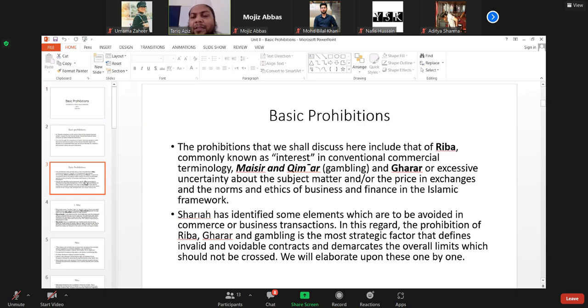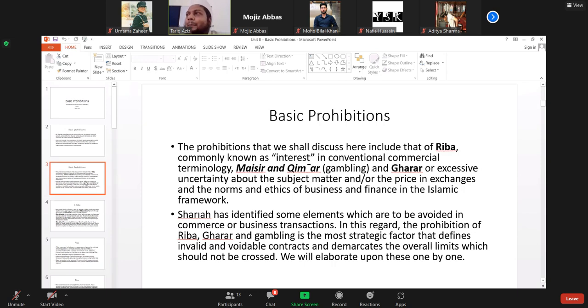One aspect that is very important in a financial transaction is the quantity of the goods that is being traded, sold or bought. If the quantity itself is unknown, that kind of transaction brings a lot of uncertainty, and most probably it will lead to conflict between the buyer and seller. So that kind of transaction is not allowed. Similarly, if some bird is flying in the sky, I cannot sell you that.